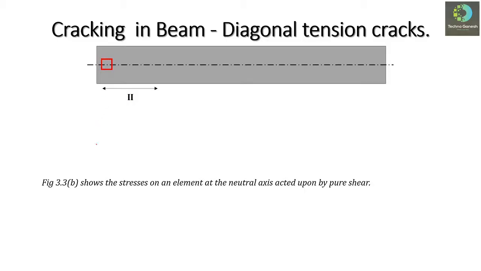So that's why this portion is subjected to pure shear. You can see clearly here that the portion is subjected to pure shear, that is, only shear stresses are going to act on this element.